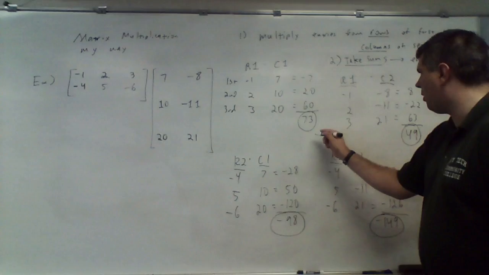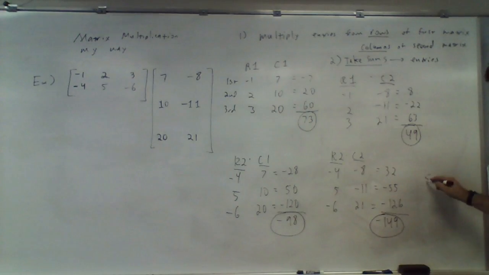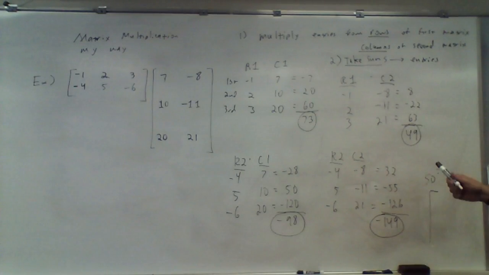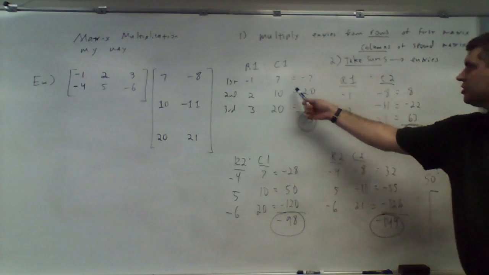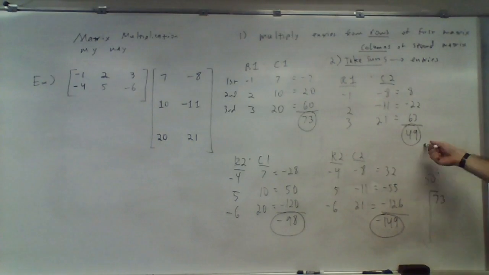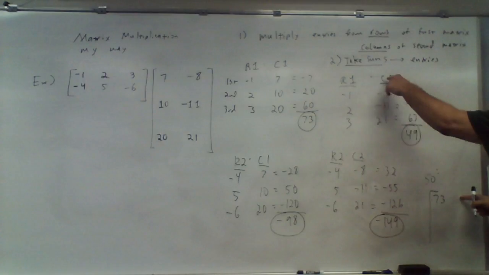So this is going to go into row 1. You're going to have a new matrix. This one's going to go in the first row, first column. This one will go in the second column, top row.